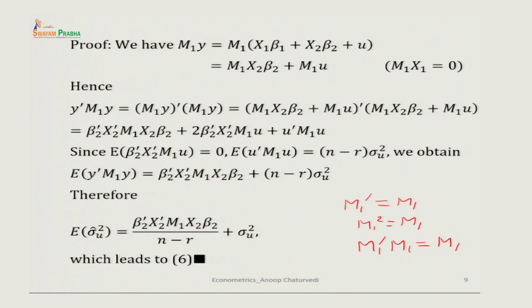x 2 beta 2. Then you get the cross product terms.